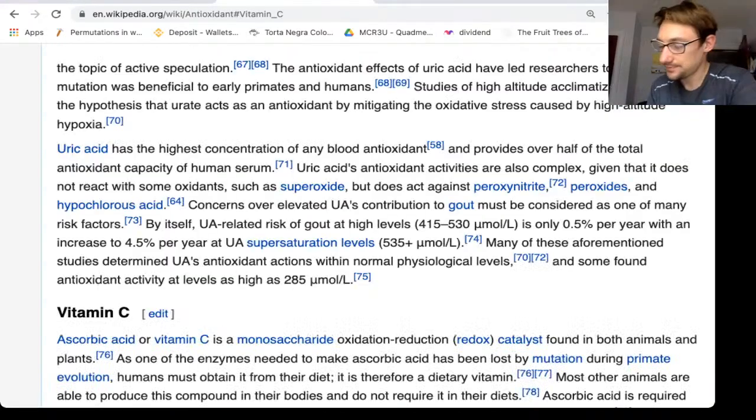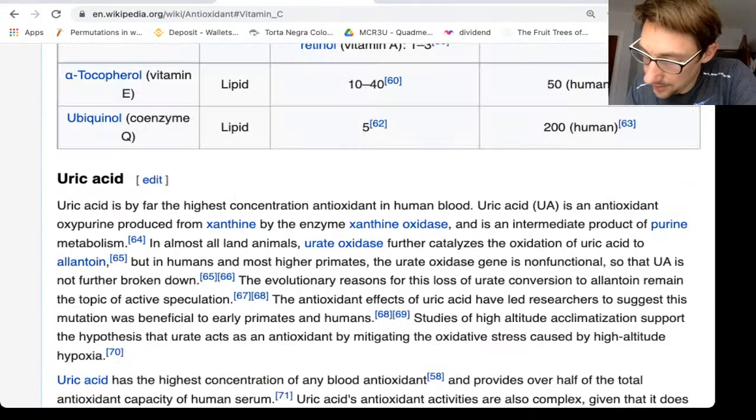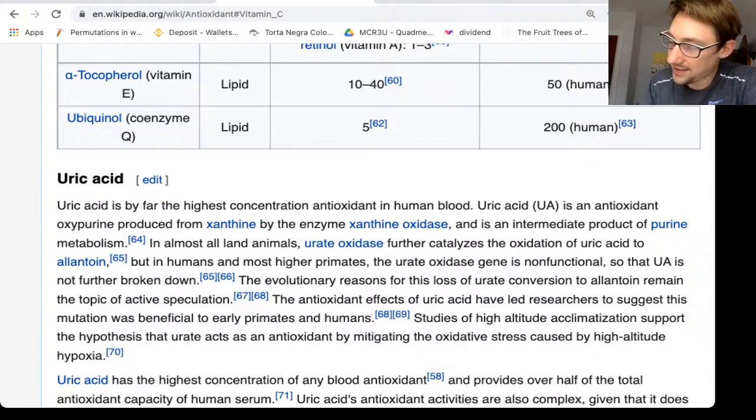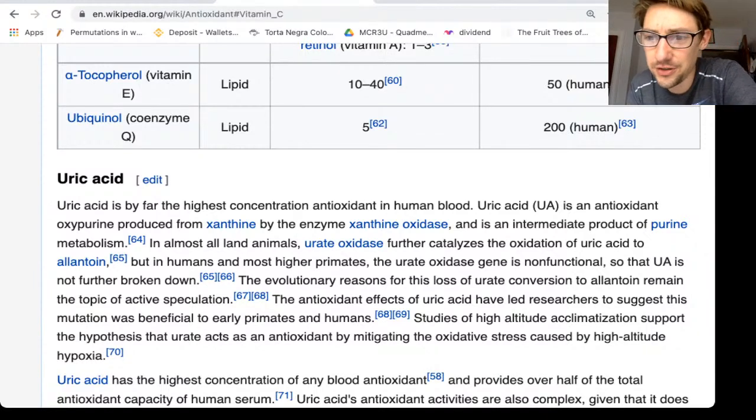Nope. How do antioxidants actually work? Great question that I don't have the answer to. Thanks. Sorry, Colin.